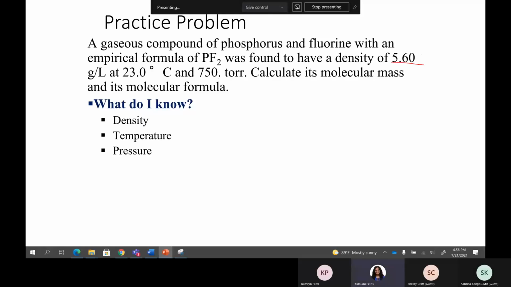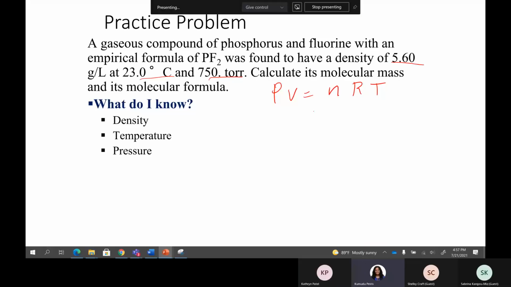Density, pressure and the temperature. And we are going to find the molecular mass and its molecular formula. So what equation are we going to use? Yes, the ideal gas law equation, PV equals nRT. But how can we rearrange it to the density?